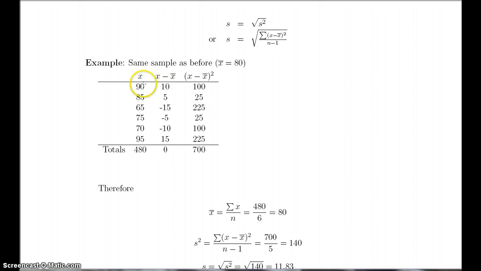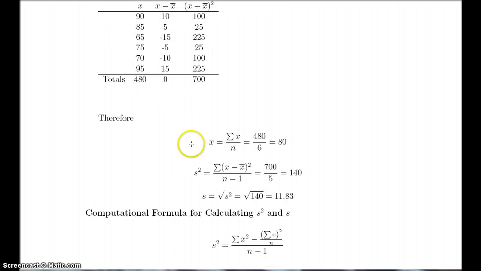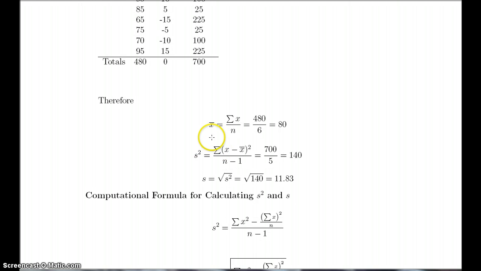So let's go back, use the same sample we had, take x minus x bar, but now instead of taking the absolute value, let's square. So the 10 becomes 100, 5 becomes 25, 15 becomes 225, and so on. We add and got 700. And we have the summaries here, x bar is equal to 80.